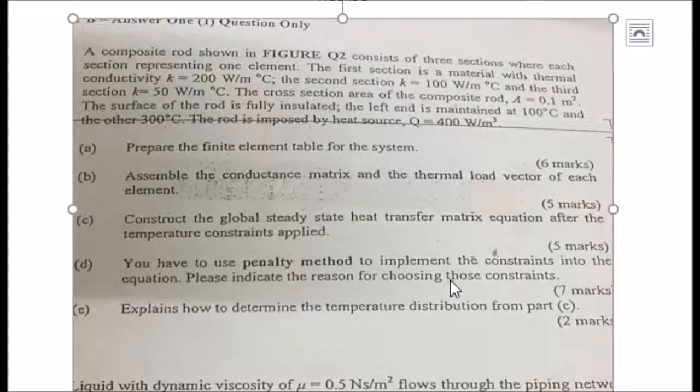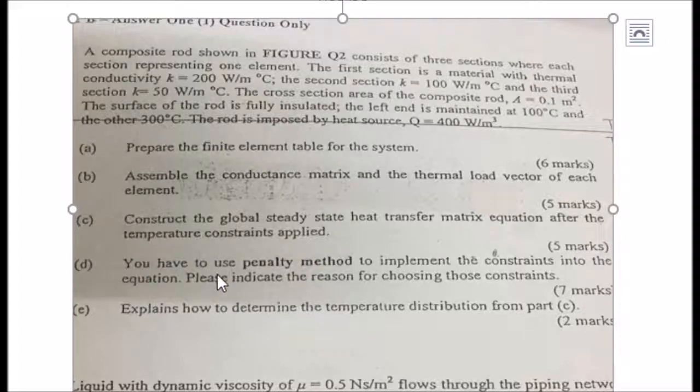After seeing the question, it wants us to find: A, prepare the finite element table for the system. B, assemble the conductance matrix and the thermal load vector of each element. C, construct the global steady state heat transfer matrix equation after the temperature constants are applied.